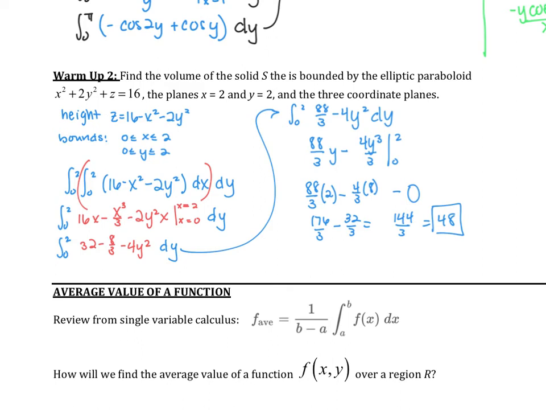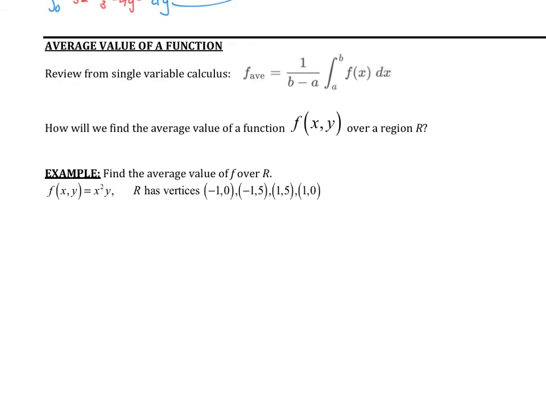Okay, so let's just talk about one more concept. Let's look at the idea of average value. We know from single variable calculus that the average value is equal to the integral divided by the interval.